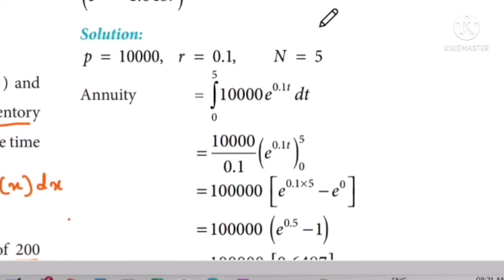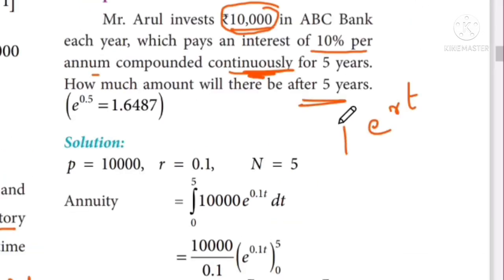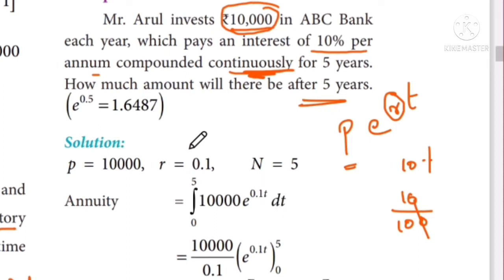The formula is P into e power RT. P is 10,000. R is the 10%. So 10% is 10 by 100, that is nothing but 0.1 into t dt. So if they ask you the annuity, that is the amount after 5 years, this is the formula.